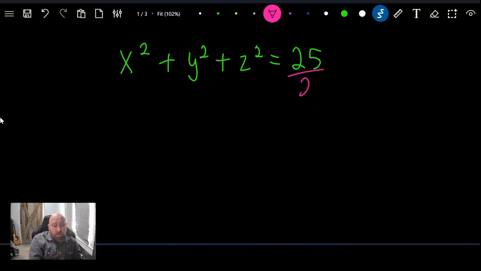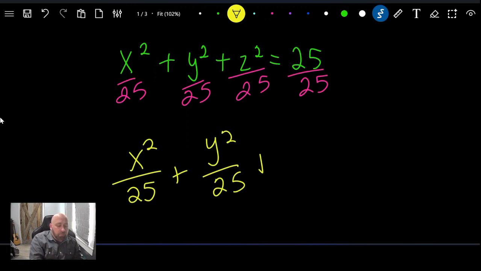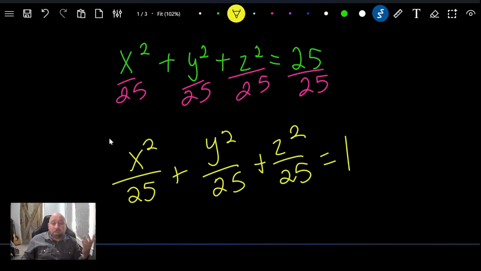So we're going to divide this by 25, by 25, by 25, by 25. And that is going to now give us x squared over 25 plus y squared over 25 plus z squared over 25 equals 1. There we go. That's in standard form.